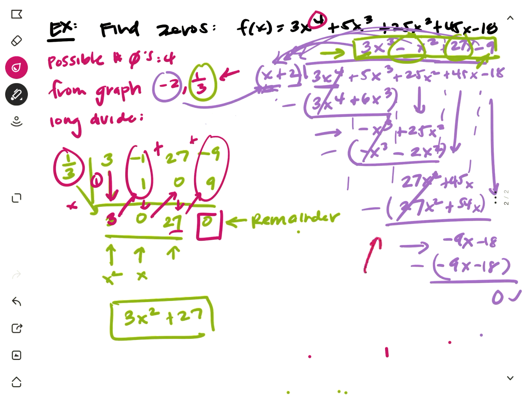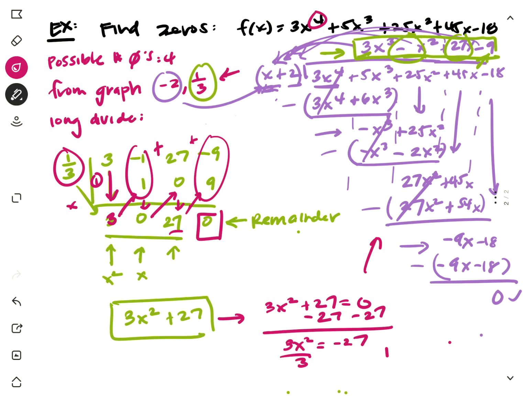Now, we found the 2 zeros. There's possibly 4 zeros, but in this case, 2 of them are going to be imaginary. So what we're going to do is set this equal to 0 and solve. So we're going to subtract 27. We're going to divide by 3.